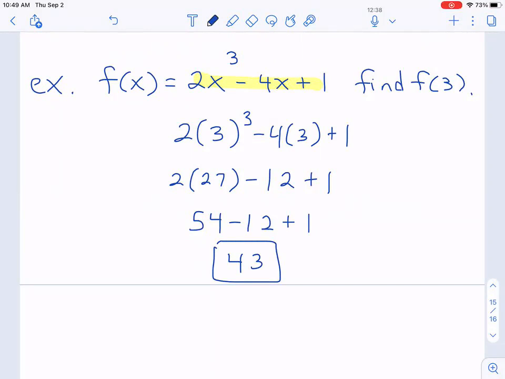So the only thing about this function notation and the wording of it is just to realize all it means is you're going to take the number that's inside that parentheses and plug it in for all of the x's in the problem. Okay?